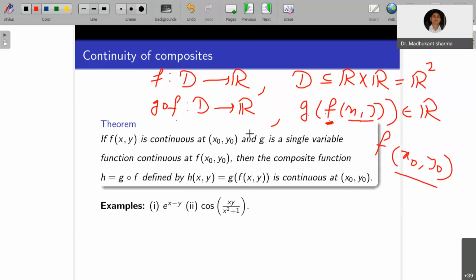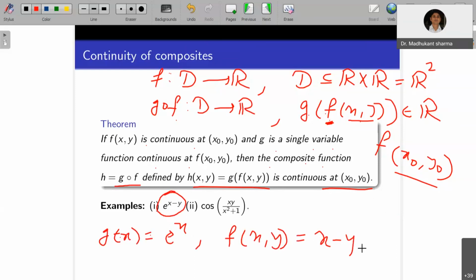So if F is continuous at (x naught, y naught) and G is a single variable function continuous at F of (x naught, y naught), then the composite function defined by this is continuous at (x naught, y naught). And how this helps you is shown in an example. Let's take G of x equals e to the power x, and F of (x, y) as x minus y.